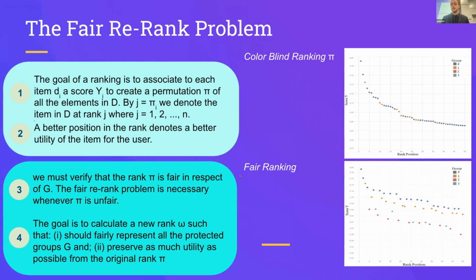On the right, we can see graphs about colorblind ranking, where the items or individuals are ordered by decreasing order of score Y_i, and a fair ranking on the bottom, which fairly represents all protected groups G.